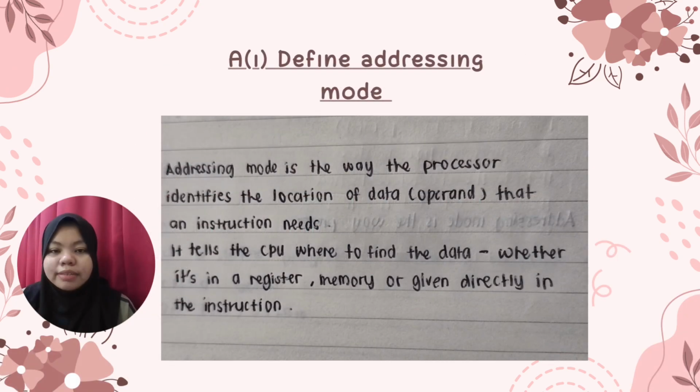In this slide I will explain addressing mode. Addressing mode is the way the processor identifies the location of data that an instruction needs. It tells the CPU where to find the data, whether it's in a register, memory, or given directly in the instruction.